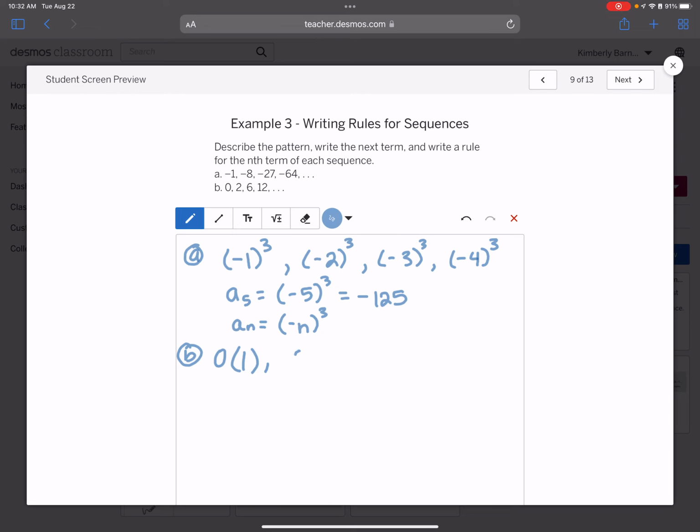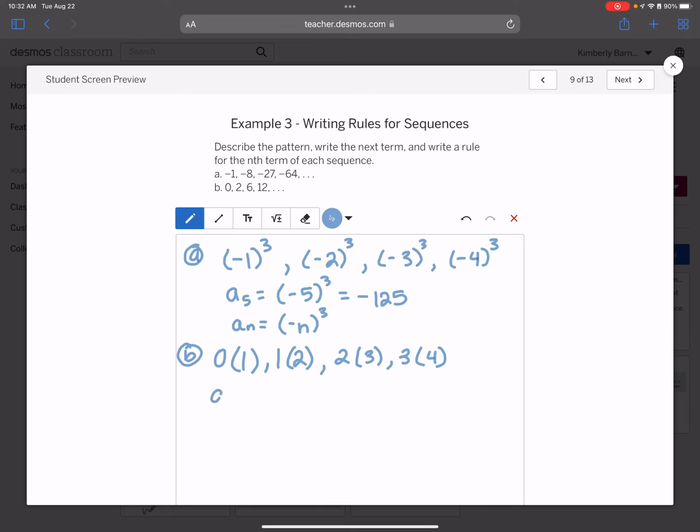My second term, I'm taking the position, multiplying it by the previous position, 1. Third term, taking the third position, multiplying it by the previous position, 2. And then fourth term, multiplying that by the previous position, 3.